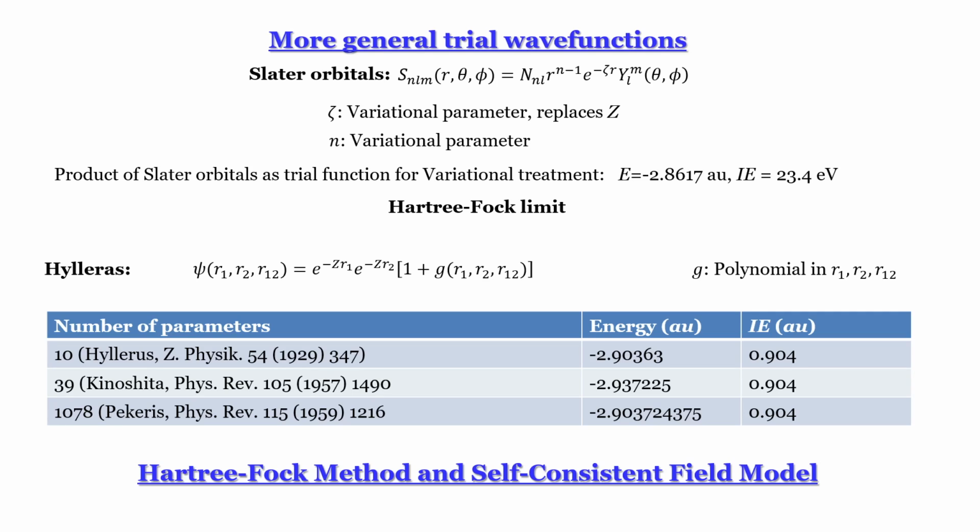This part also I didn't understand actually. Which part? The Hartree-Fock limit. What I understand is that using these particular Slater type orbitals, we can go up to a certain limit. Suppose we are taking a product of these Slater orbitals, then we get an energy minimum of E equal to 2.86 arbitrary units and an ionization energy of 23.4 electron volts.